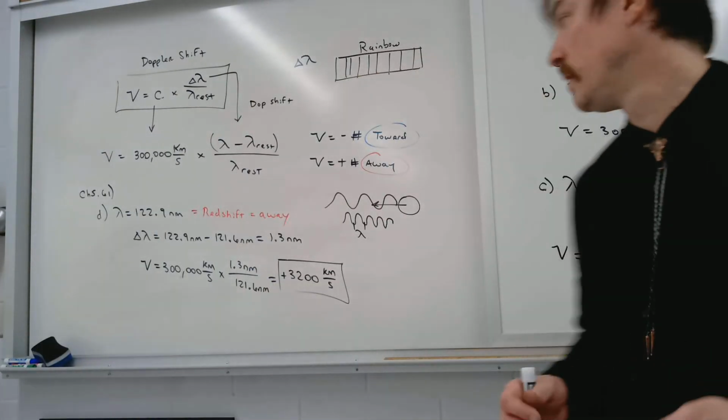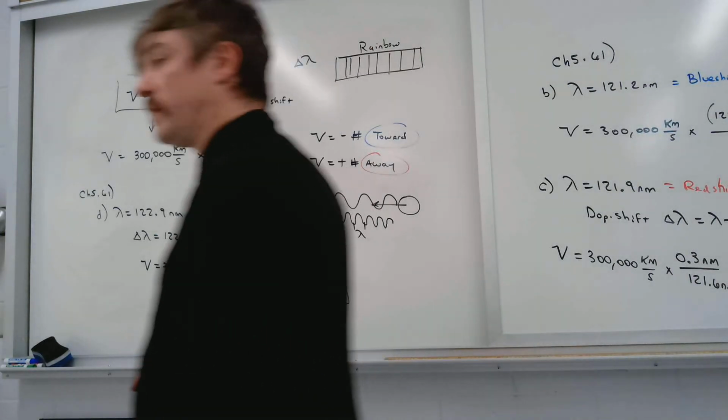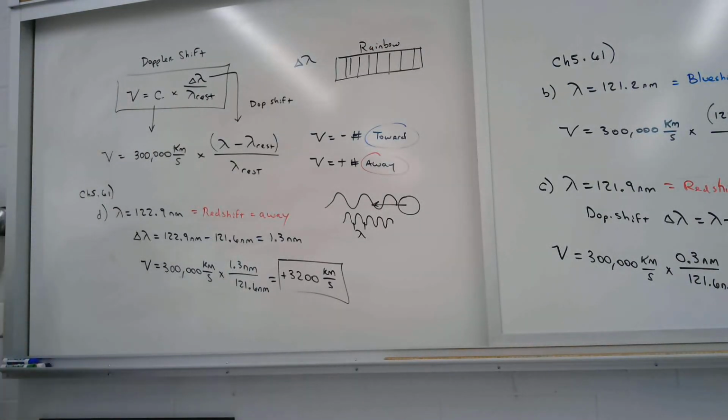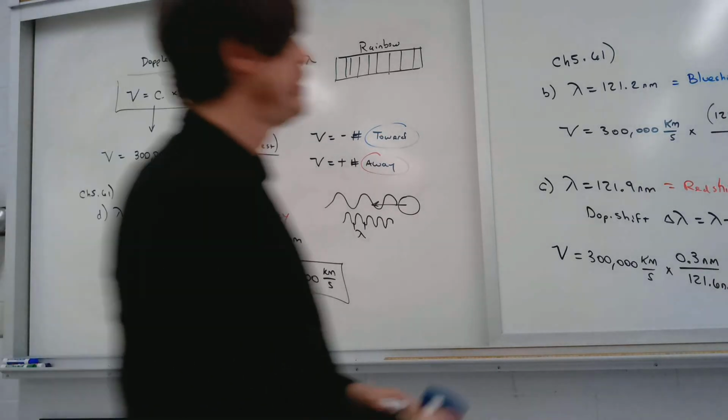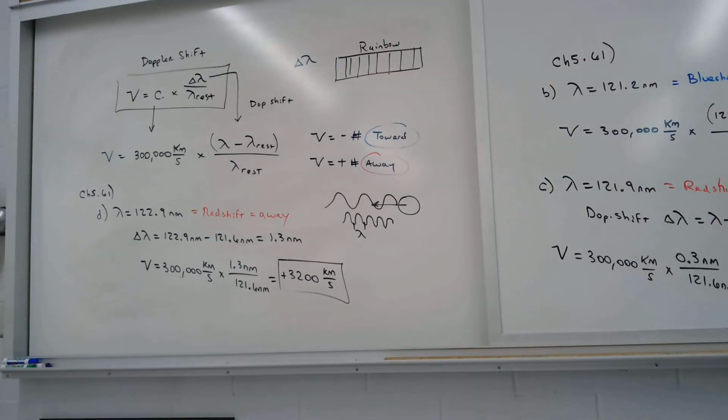All right, let's move along here. Keely, do you have all this stuff down? I just messed up on this. I kind of changed my methods halfway through. Earlier, I was having us put in the new wavelength and the rest wavelength, but then I decided to have us just calculate this top part.